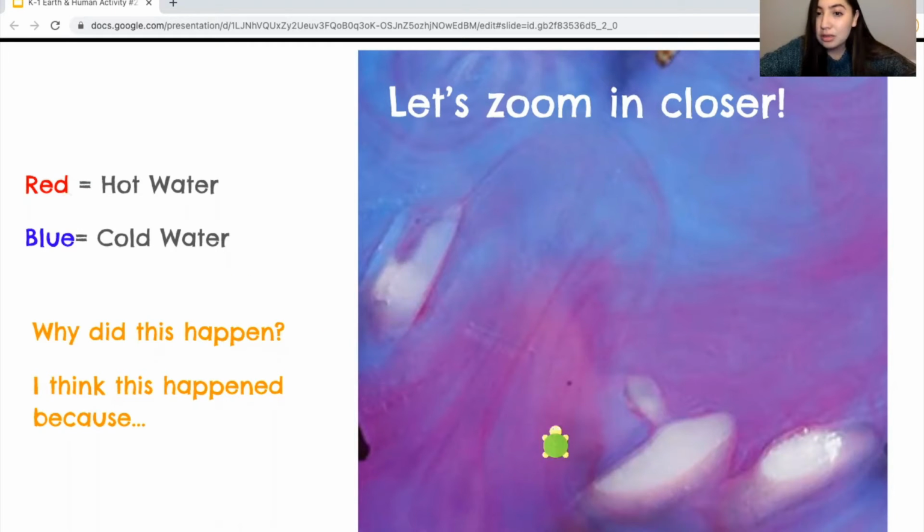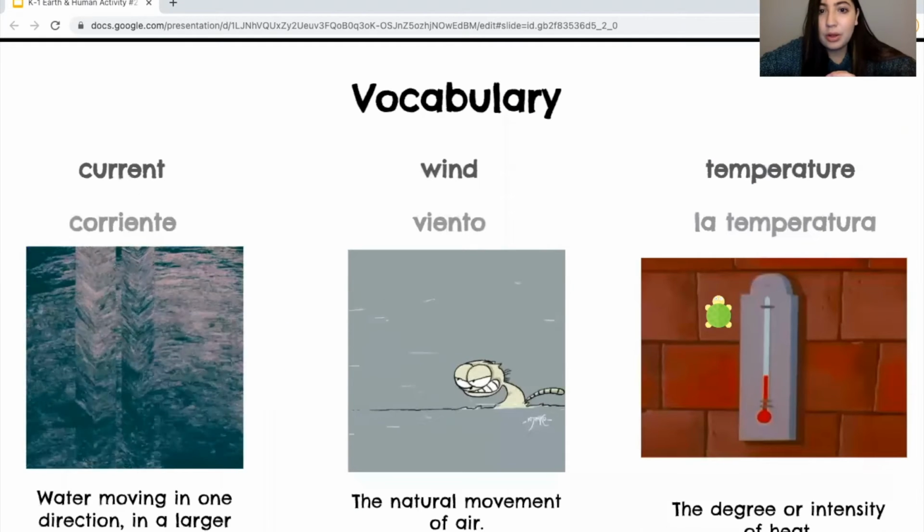And we saw some movement here, right? I see the red water going in one direction, the blue water going in a different direction, and I saw my ice cubes were moving, I saw my animals were moving. So we need to figure out, why did this happen? And that's your job to figure out too. You have to think about why it happened, and you're going to answer, I think this happened because, at the end of the video. So we're going to go ahead and keep going.